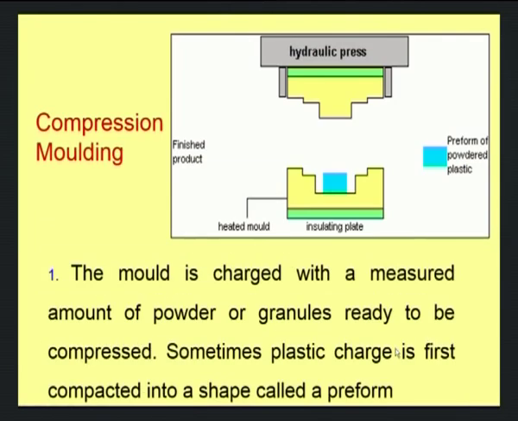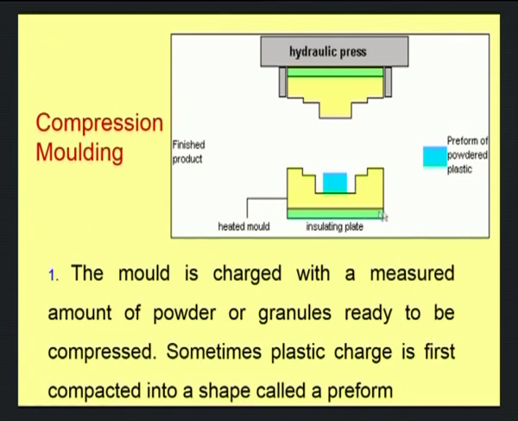So, this is a typical scheme for compression molding, in which you have two parts, the top one and the bottom one. The top one can move, and a hydraulic press is connected to it, which will provide the necessary pressure for squeezing this material to fill the cavity.